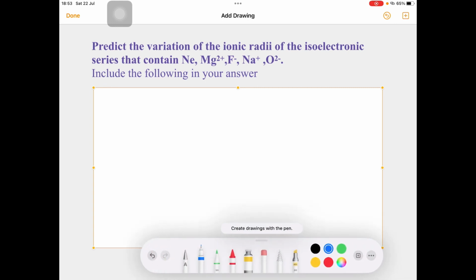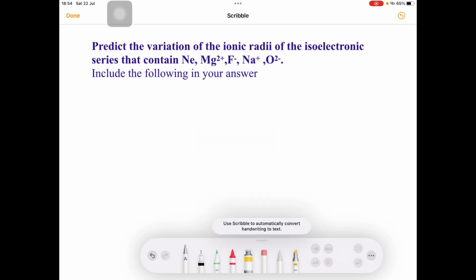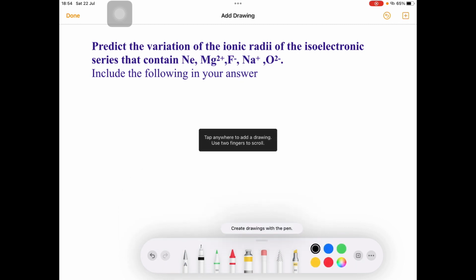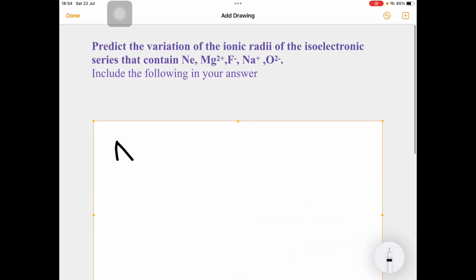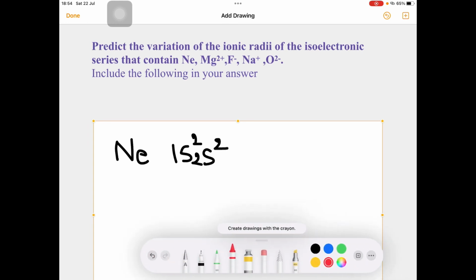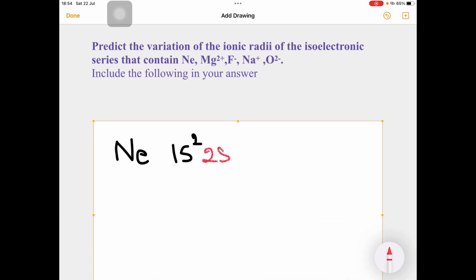As we discuss this isoelectronic series, for example, we said neon has the electronic configuration 1s2, 2s2, 2p6.